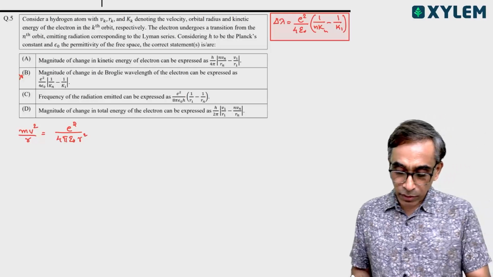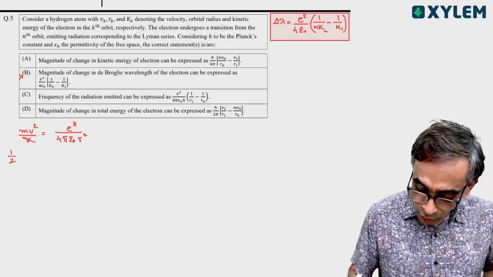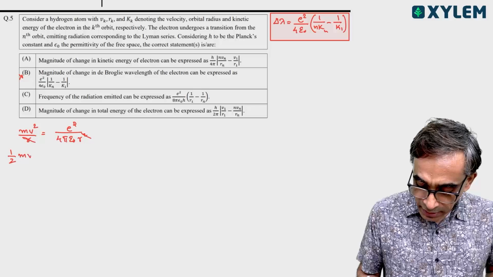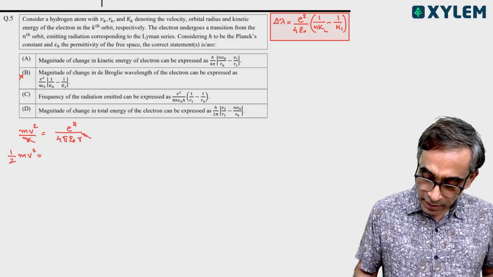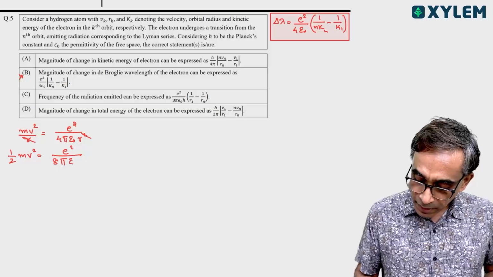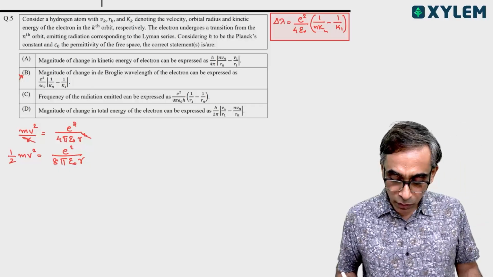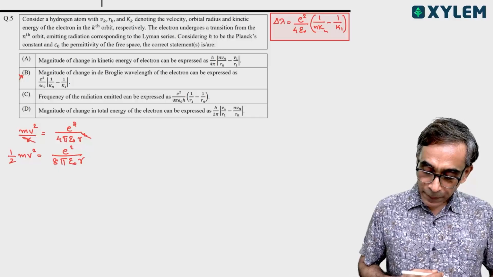This is the equation for force. From this, one of these cancels, and I can easily find that kinetic energy is nothing but e squared divided by 8 pi epsilon 0 r. This is the kinetic energy.